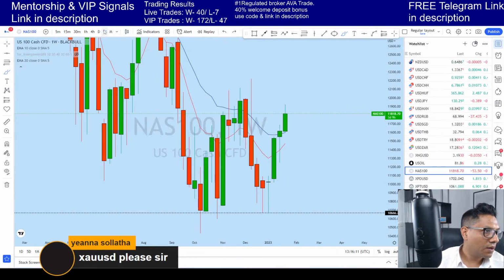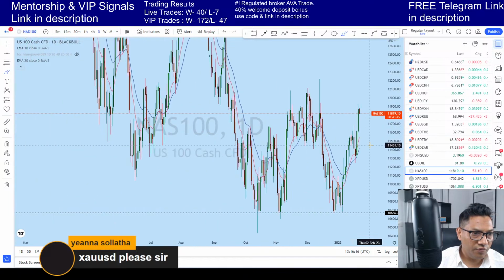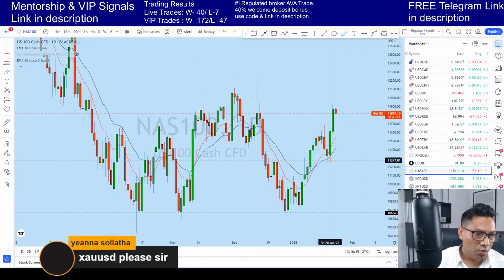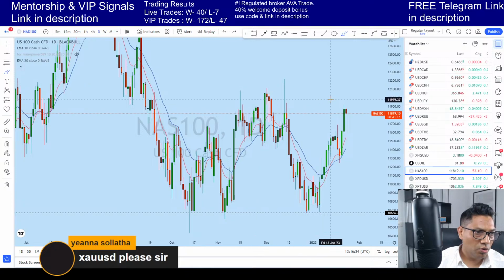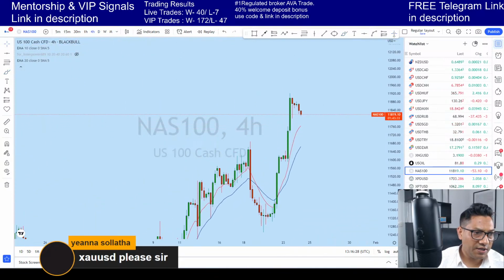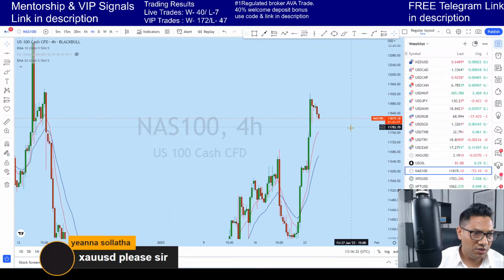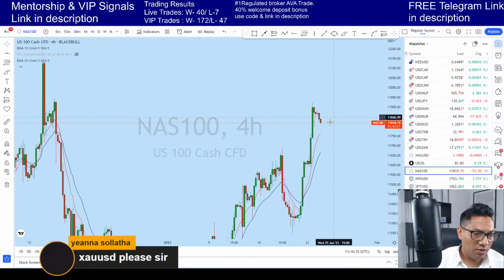Okay, looking at daily. If we look at the daily time frame, we see there is a big move, and slowly the price is rejecting from this zone. We look at the 4 hour, and from the 4 hour perspective, NASDAQ is showing a very strong move, and now slowly there are back-to-back 2 waves.